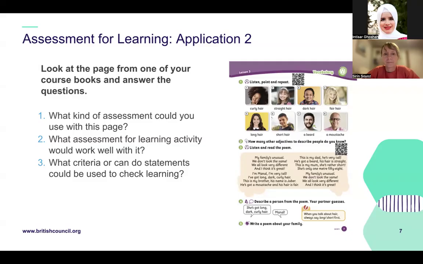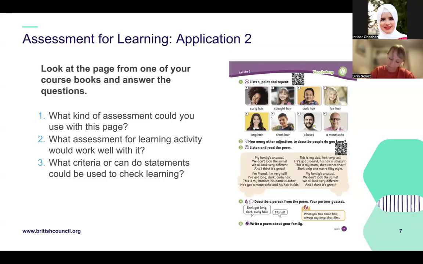Another kind of assessment, because the activity is about listen, point, and repeat. So about repetition, pronouncing the words correctly, maybe she will give the students a card that has can-do statements. For example, I can pronounce the words correctly.